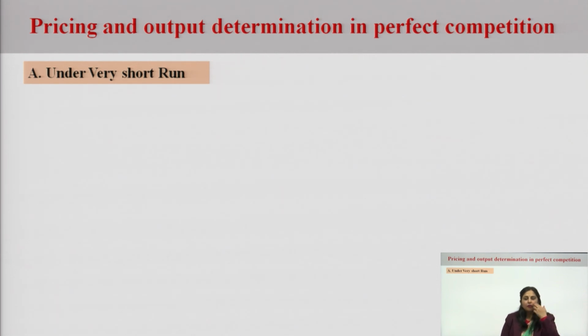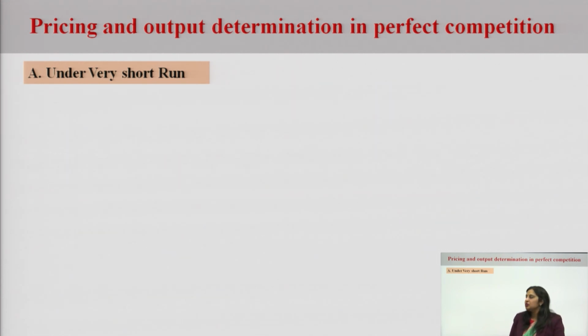For example, the supply of vegetables in a mandi today would be constant for a day. For another day it may change, it may increase or decrease. That is why we say very short run: the market supply is constant.